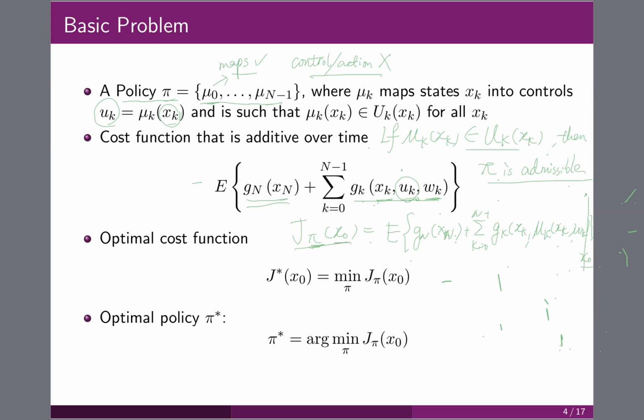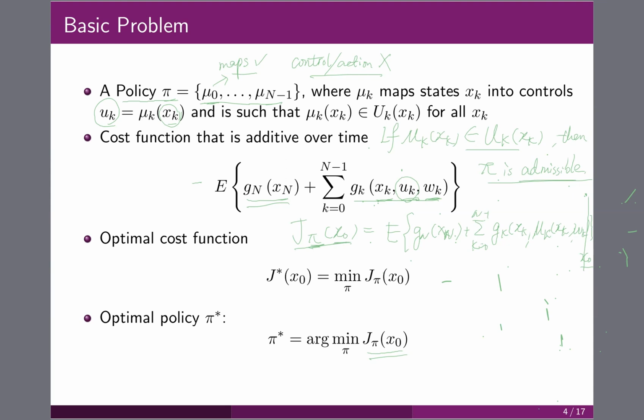So the optimal policy pi star is the minimizer of this cost, when pi ranges over all admissible policies.